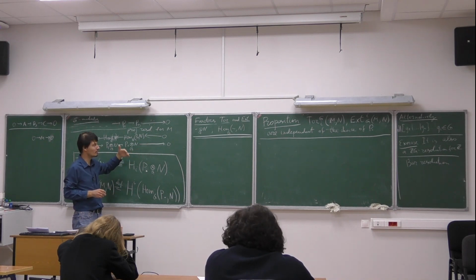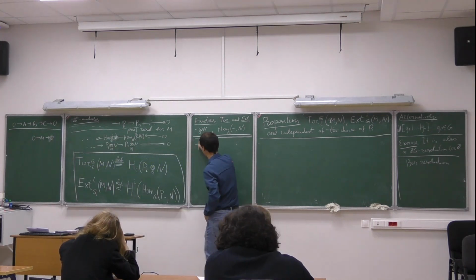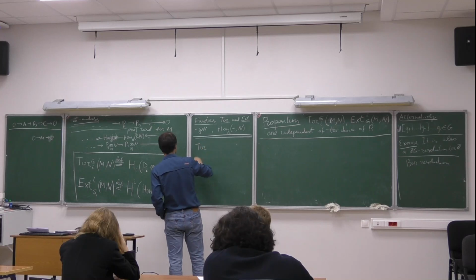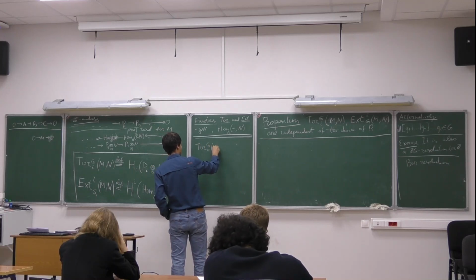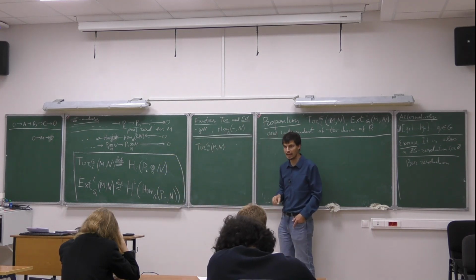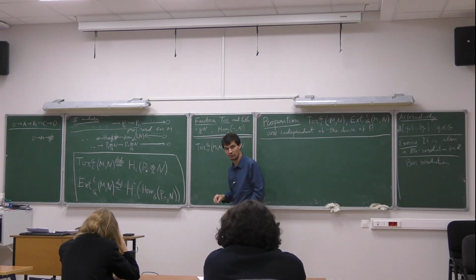So all Tors are, let us start with one trivial thing. What is Tor 0? I claim that this one is just the tensor product of M and N over G.